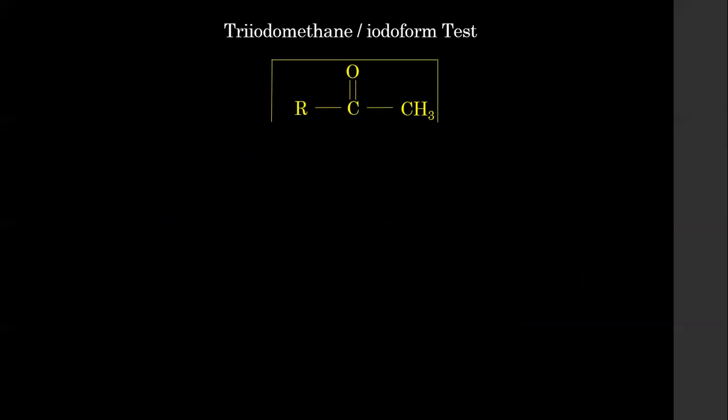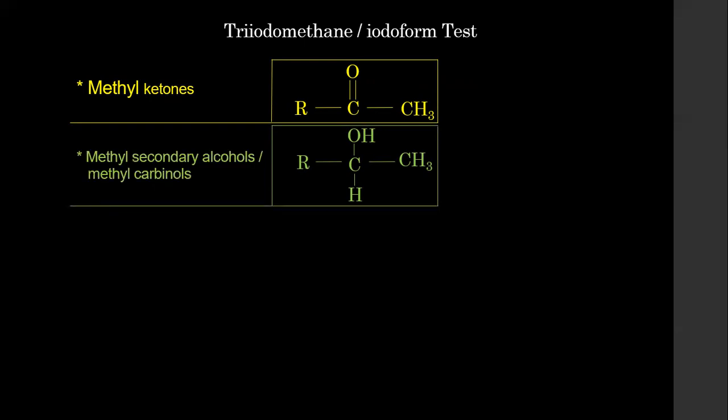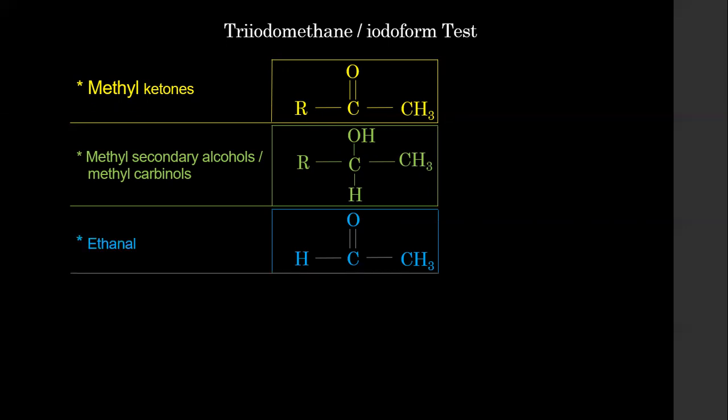You can see in yellow, the methyl ketone. The second type of compound is a carbinol, or secondary methyl alcohol. The third compound is an aldehyde having 2 carbon atoms, so it is ethanal.